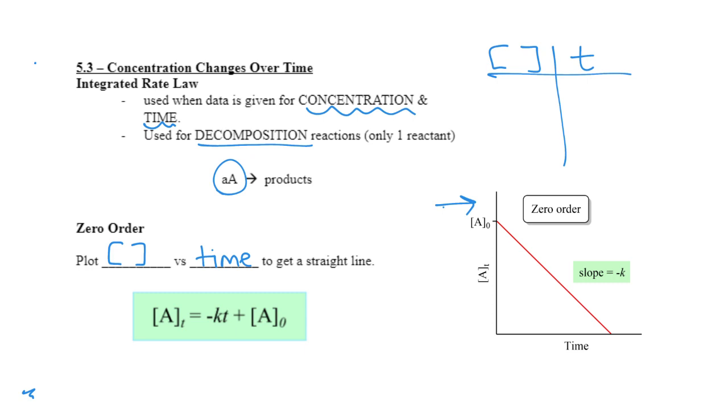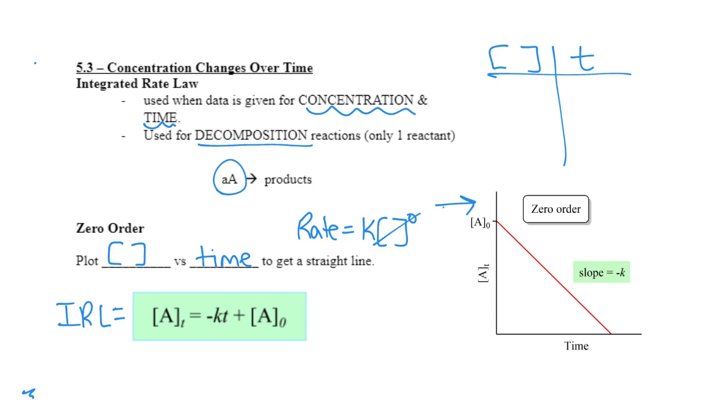So we would have rate equals k times the concentration to the 0 power, which goes away. So my rate law equation would still be rate equals k. But my integrated rate law equation is going to be something different. The equation that you see down here in green, this is what my integrated rate law equation is going to be.